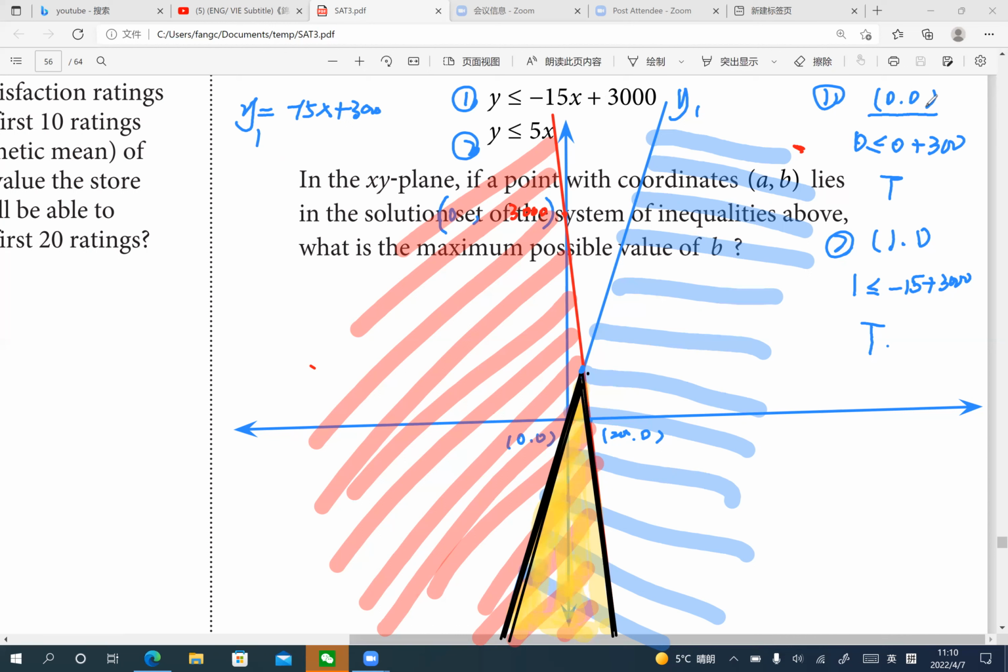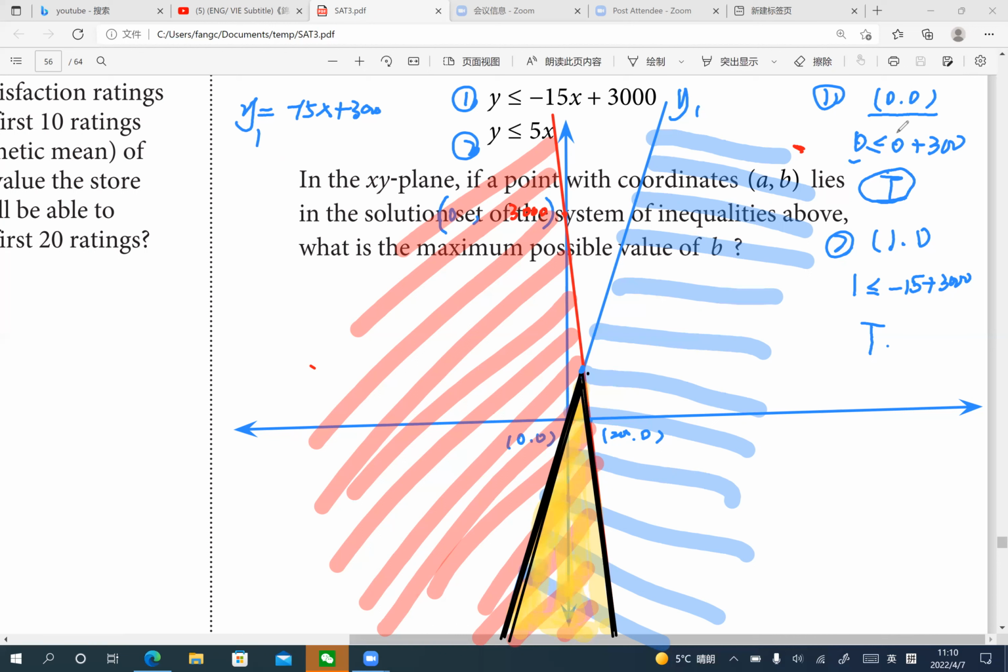After we input 0, 0 into the inequality, we get 0 less than or equal to 0 plus 3000, which means 0 is less than or equal to 3000. So this is a true statement.